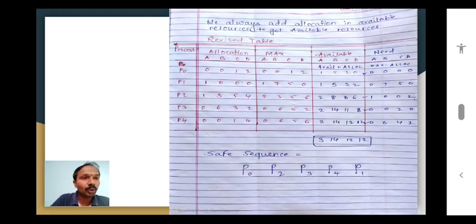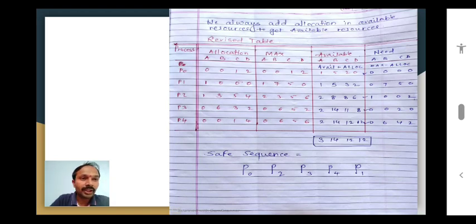In the next stage what I am doing is available equals available plus allocation. Now I am adding the available column here with the allocation column. So for P0, allocation was 0012 and available was 1520. So let us add them all.